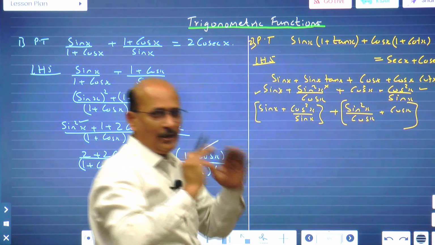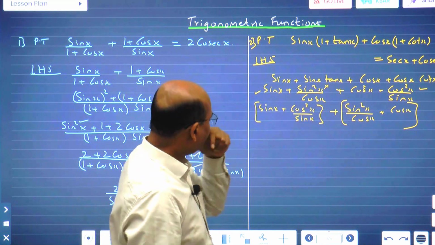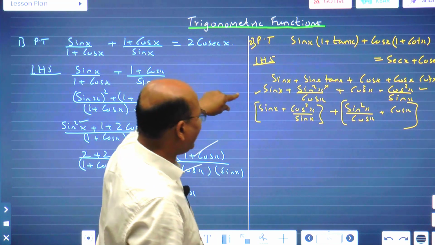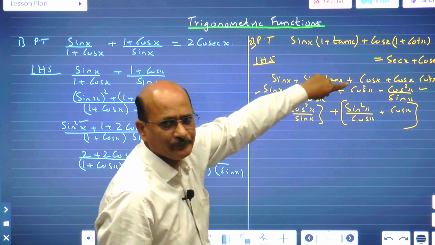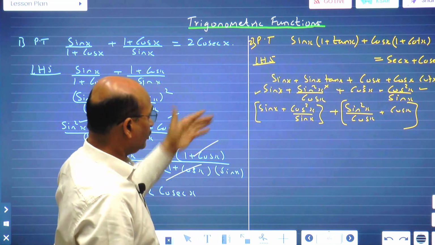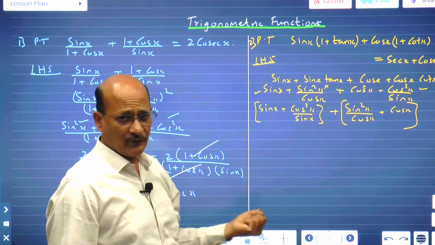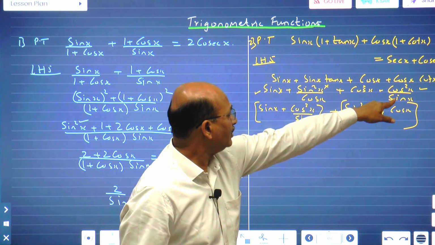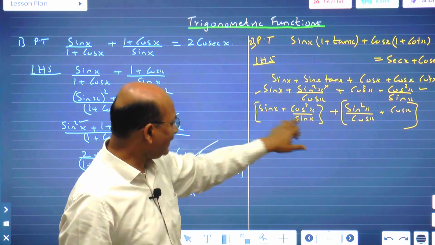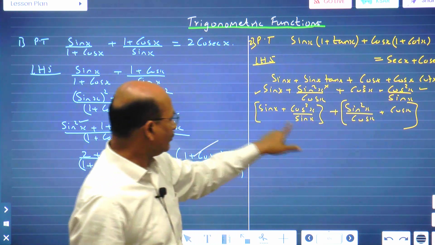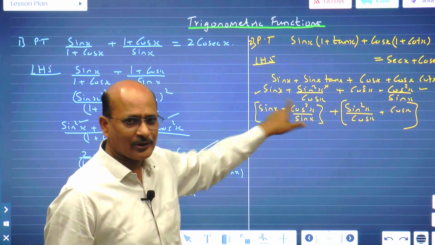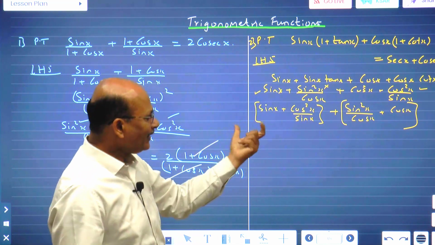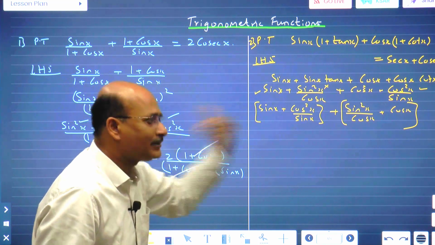When I was looking at this, I realized if I find the LCM of all, there is no minus sign so that something will get cut off. So it will still be 4 terms, it will not simplify anything. But if I pair this and the third one and find the LCM separately, this will become sin square x plus cos square x, which will become 1. So somewhere I can look further to simplify.